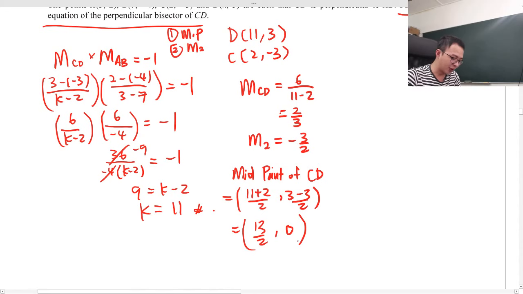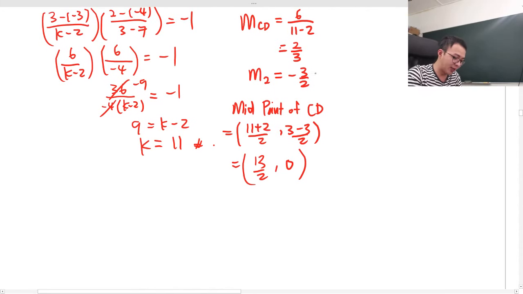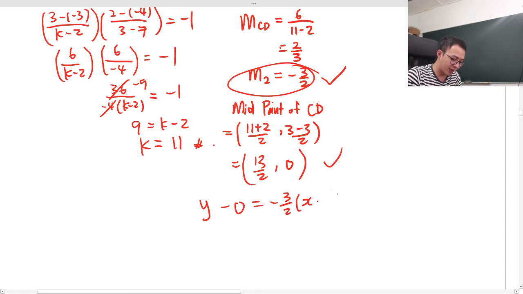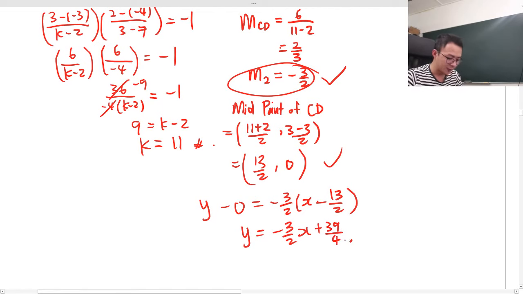Then I can form the equation easily by using my m2 and my coordinates. So y minus 0 equals negative 3 over 2, x minus 13 over 2. So y basically equals negative 3 over 2 x plus 39 over 4. I hope I didn't make any careless mistake here.